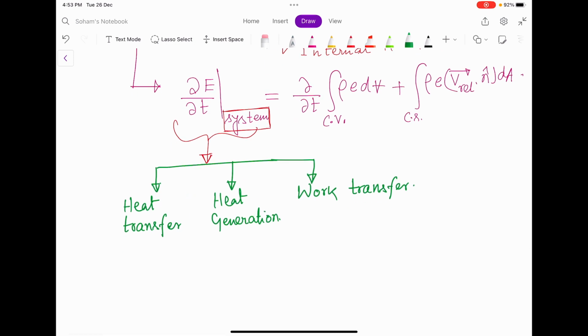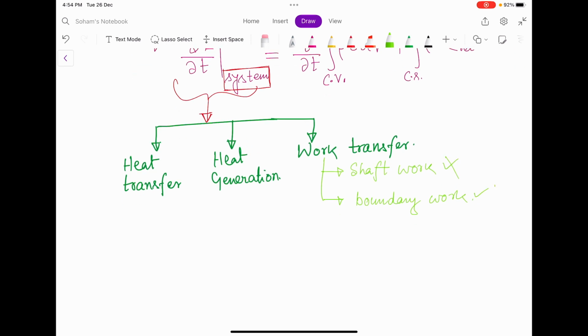Now this work transfer can be shaft work or it can be a boundary work. Shaft work is not there and boundary work is there, and we will see what we mean by boundary work.